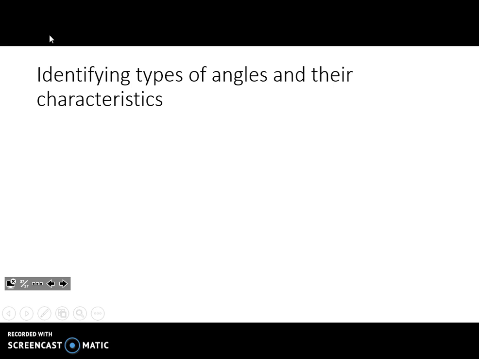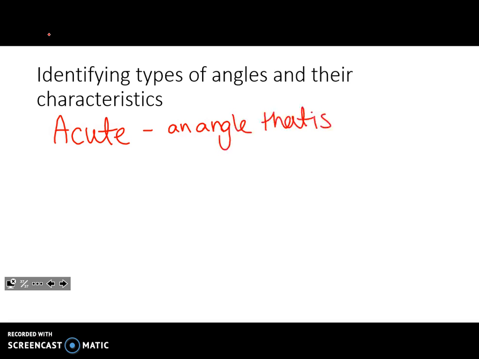All right, so the first type of angle that we're going to talk about is an acute angle. An acute angle is an angle that is less than 90 degrees.